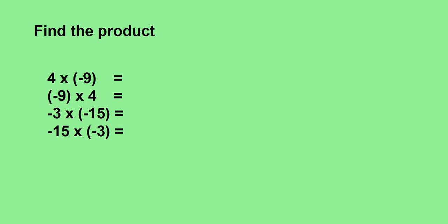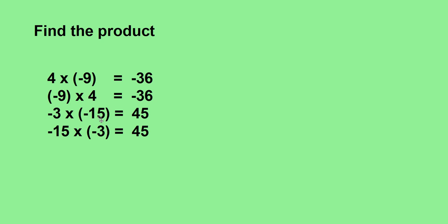Here you have to find out some products: 4 into negative 9, negative 9 into 4, negative 3 into negative 15, negative 15 into negative 3. Do find it out fast. Here are the answers. 4 into negative 9, negative 36. Negative 9 into 4, again negative 36, because different signs.